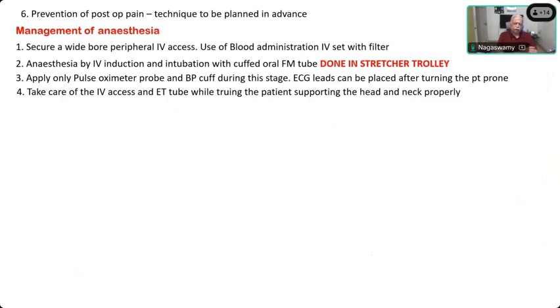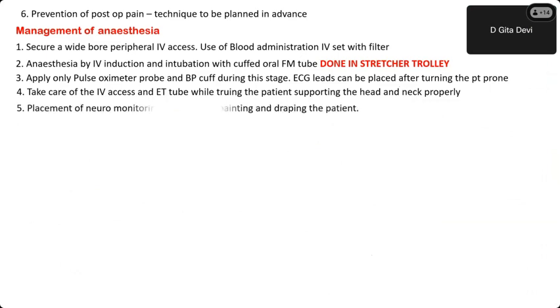But what about the cervical spine and the upper thoracic spine? How is the position maintained at that level? It should be in alignment, in a straight line.